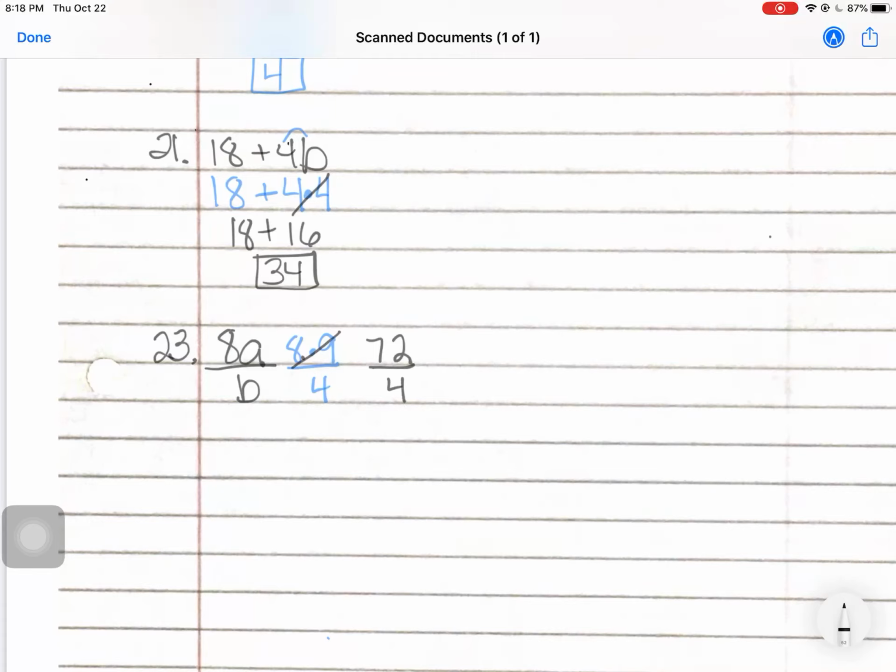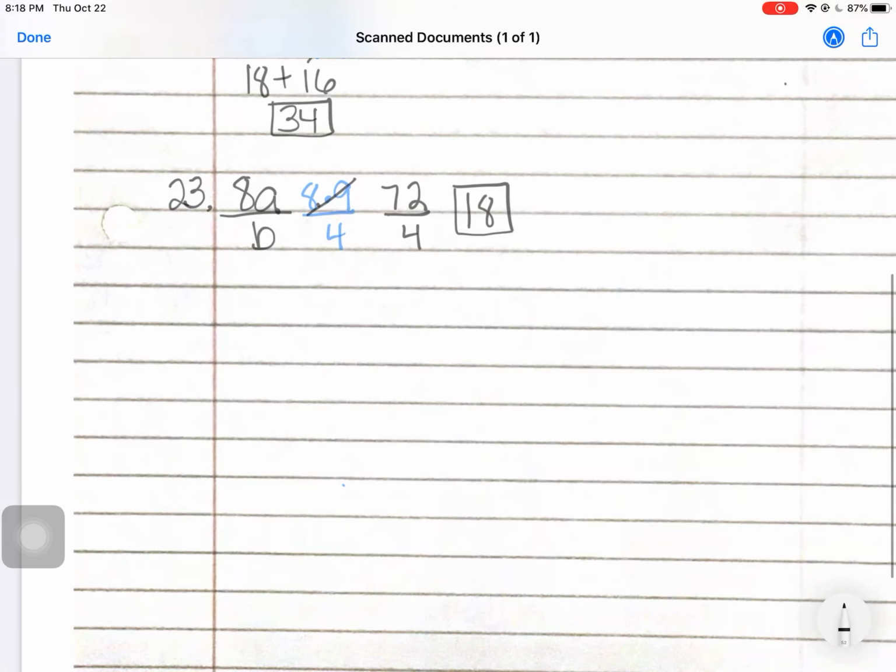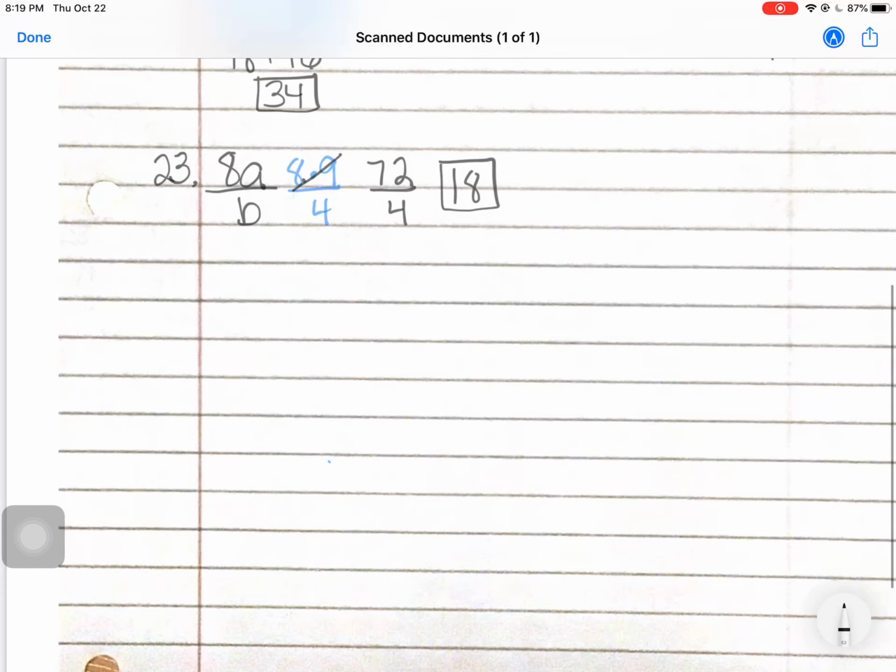Divided by 4, I'm down to one number on each step, so I can put my answer in of 18. Hope you're coming along well. From what we've been seeing at school, when people are there and sending things in online, it's looking pretty good.